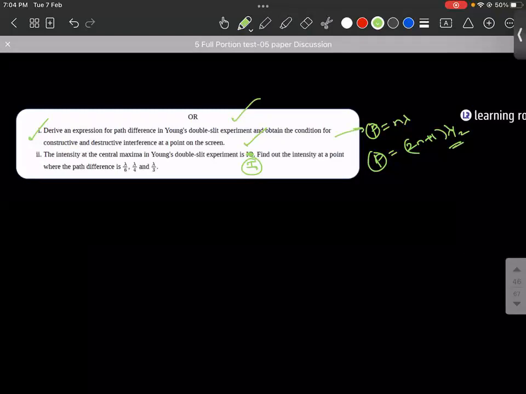The intensity of the central maximum in Young's double slit experiment is taken to be I0. Find the intensity at the point where the path difference is lambda by 6. So how to solve this?